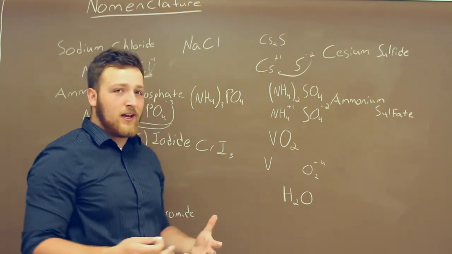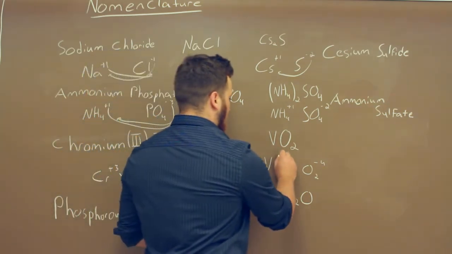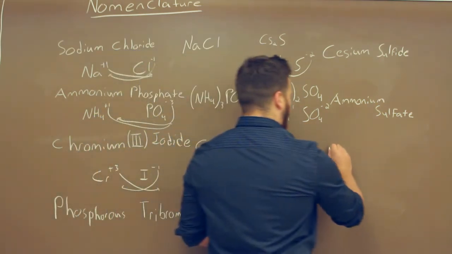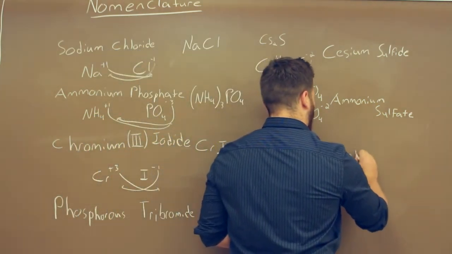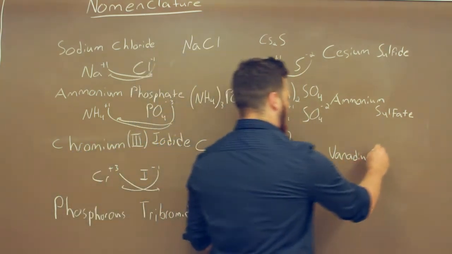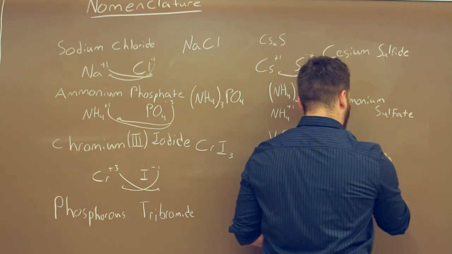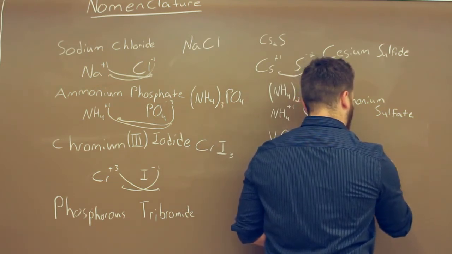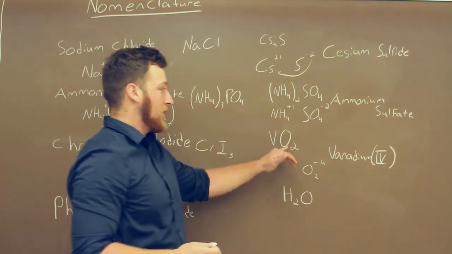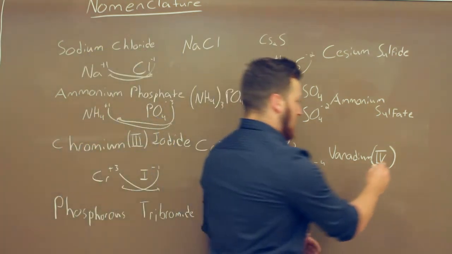Because it is a neutral compound, we know that vanadium is going to be +4, and that will give us vanadium(IV) oxide. It's a transition metal, so we have to write the Roman numeral. Then the same naming rules apply: we add the "ide" to the end of oxygen.